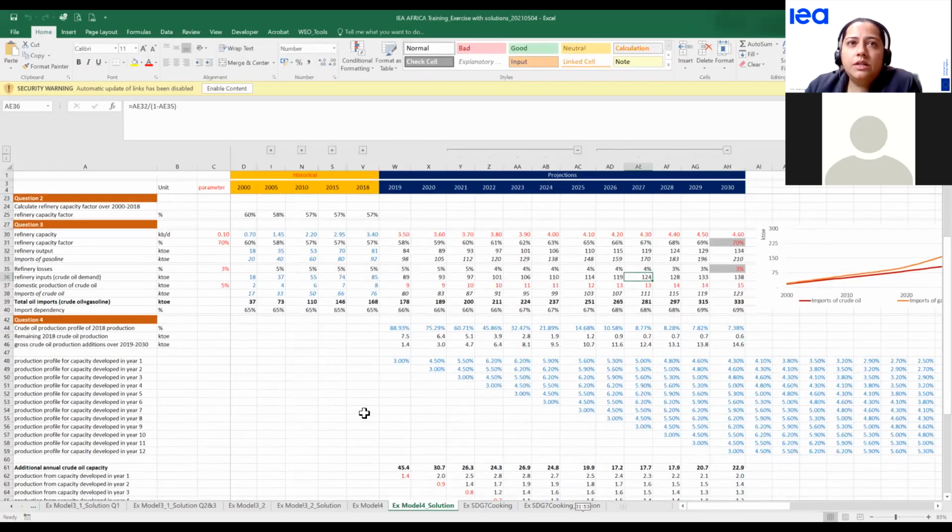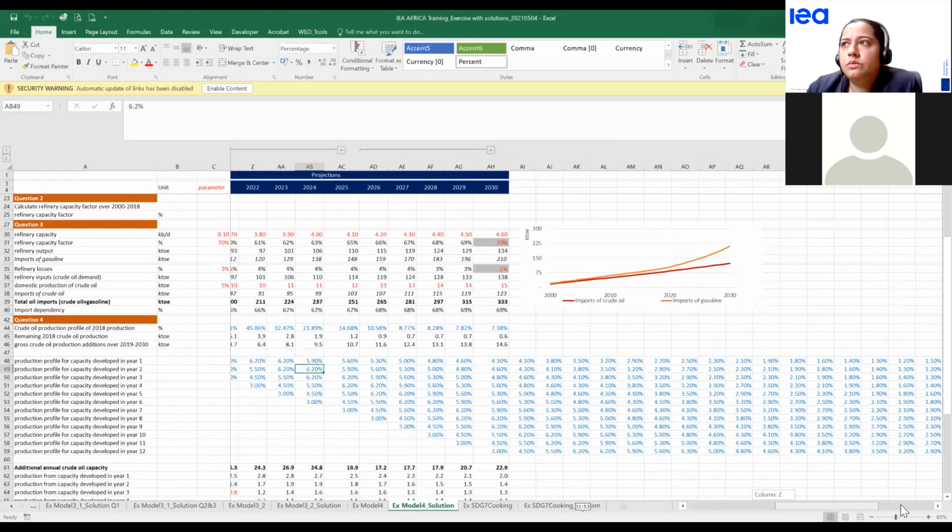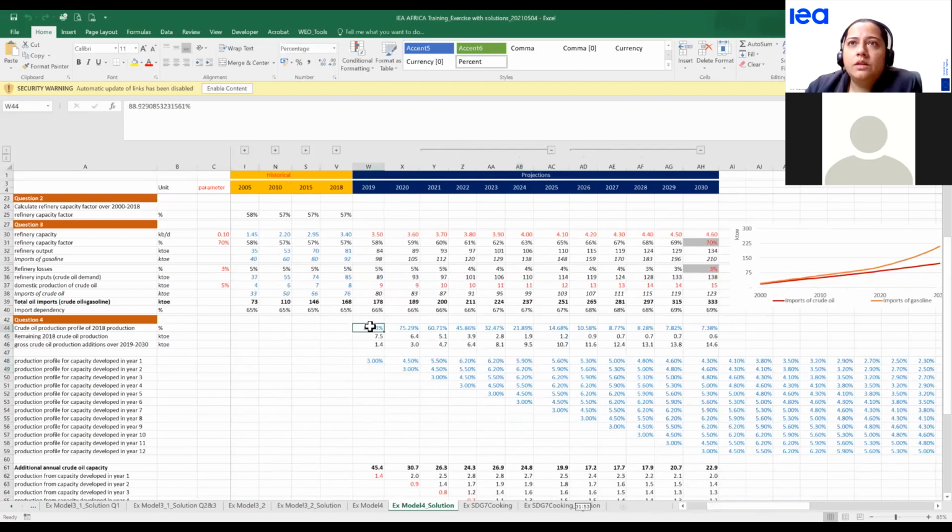And the last question is to calculate the additional annual crude oil capacity that needs to come online. So here you have to first calculate how much crude oil production from 2018 fields will come online in the coming years. So here you have to calculate W44 to AH45.